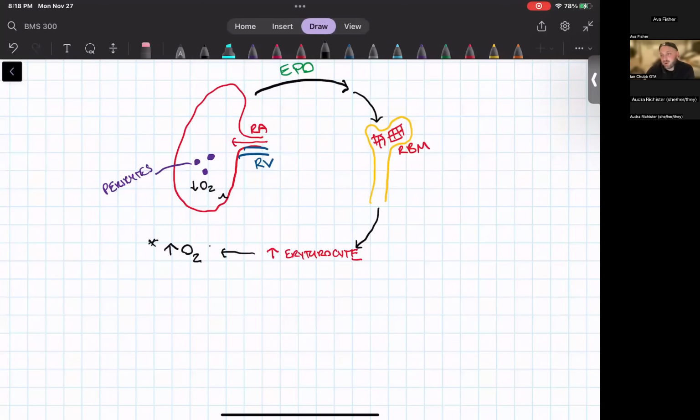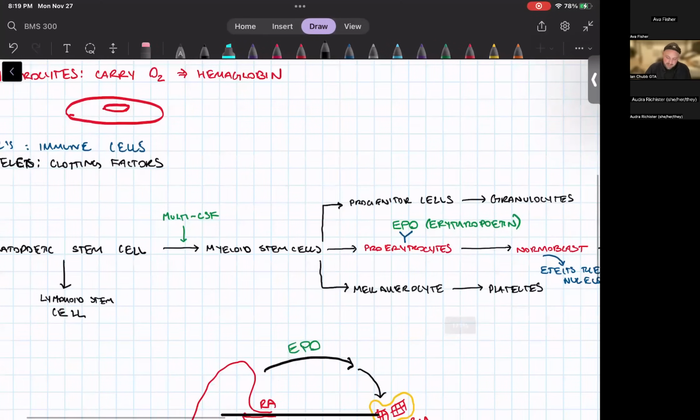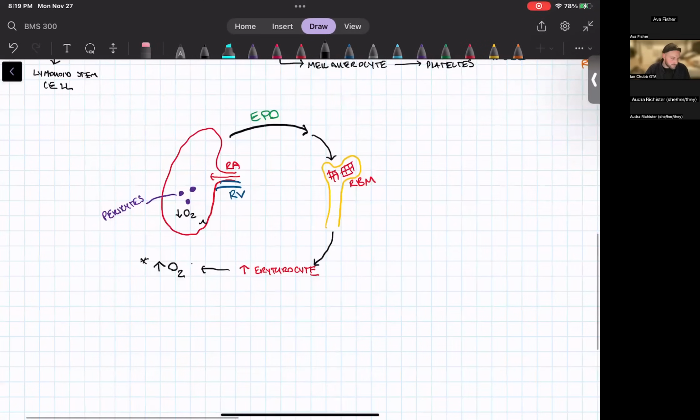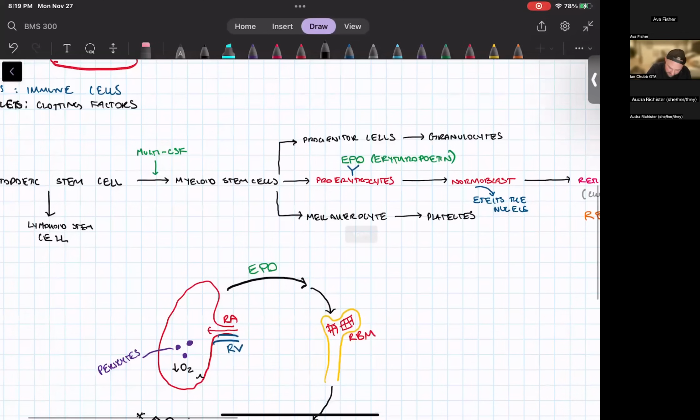I think it is still important to understand the EPO can also just be released if we're just lacking erythrocytes in general. So this is just the actual way that erythrocytes are being differentiated from that hematopoietic stem cell rather than going down any of these other lineages. So they'll need that EPO in order to become those proerythrocytes. And I did miss one little detail. There is another interleukin.